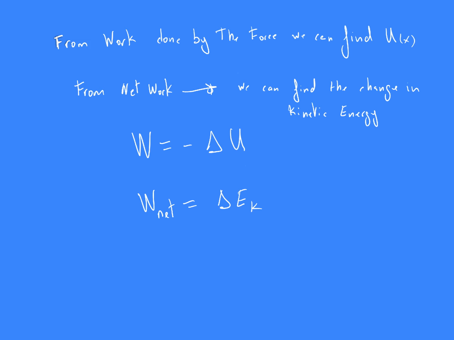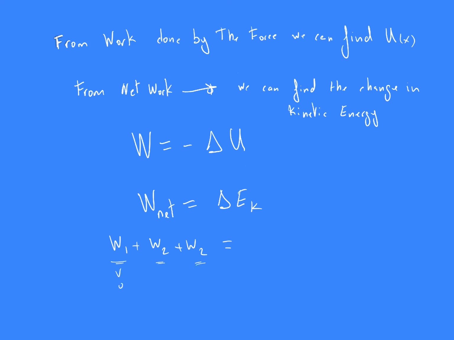And the other equation that we will use all the time is that the net work, the work done by all the forces, the work done by force 1, force 2, force 3, the three works, the three scalar quantities.